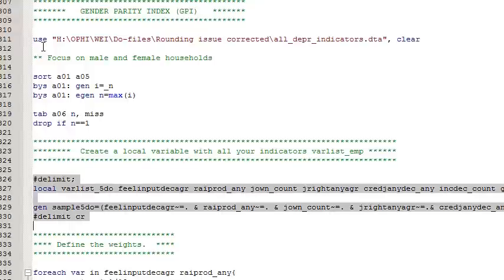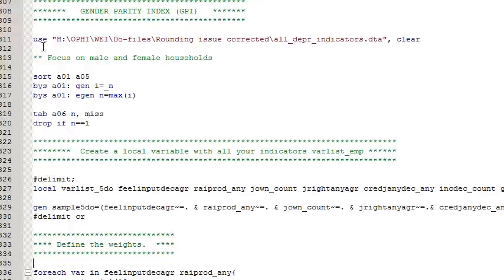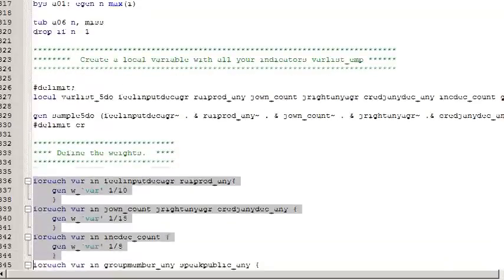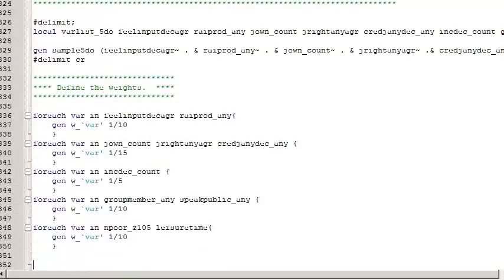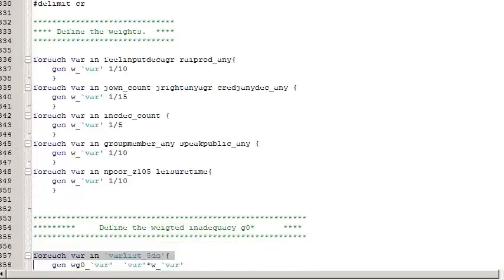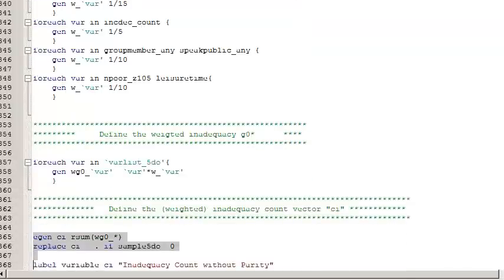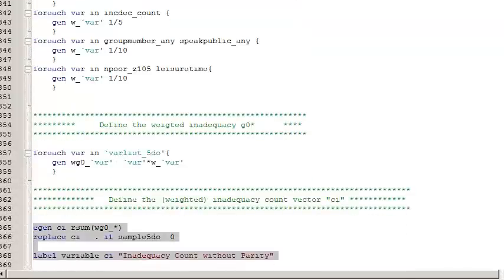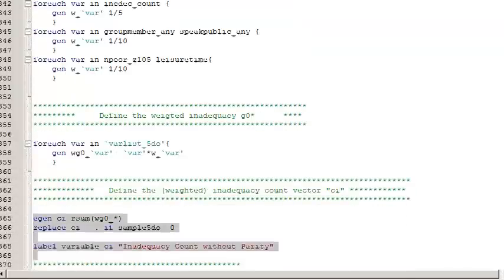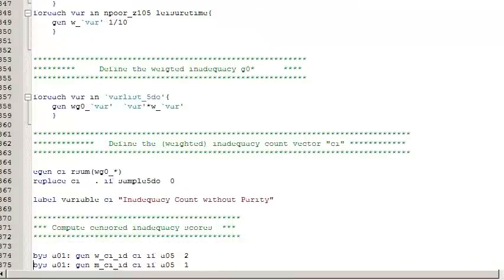First, we create the local variables with all indicators. Second, we define the weights of all the indicators. Then we create the weighted inadequacy matrix. Then we compute the inadequacy count. Until here it was identical to what we have done above.